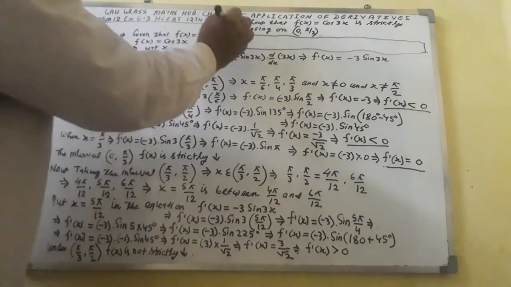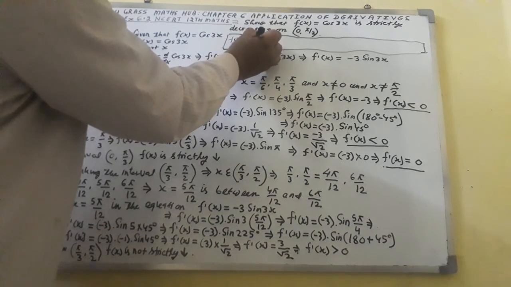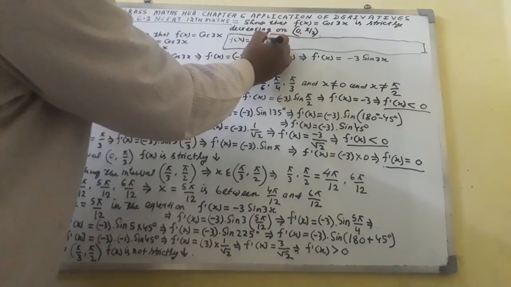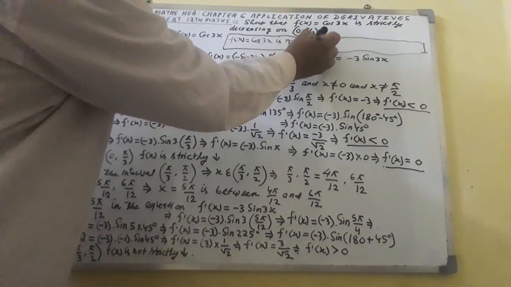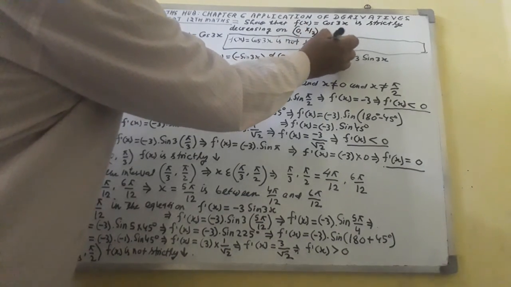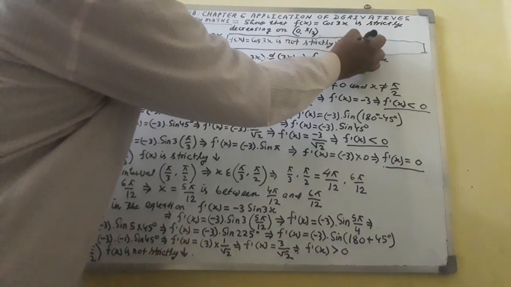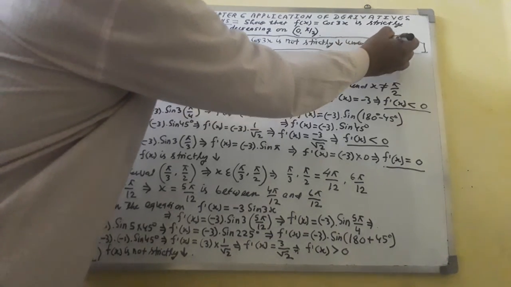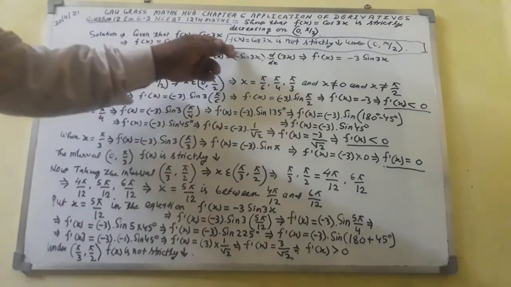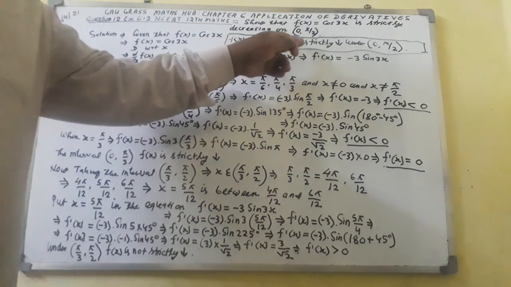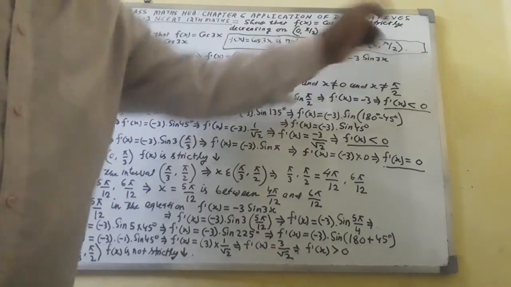That's why I can say f of x equal to cos 3x is not strictly decreasing under open interval 0 comma pi by 2.